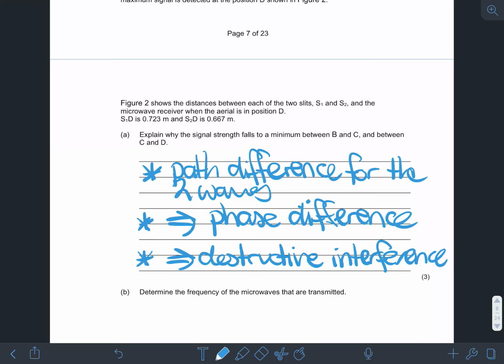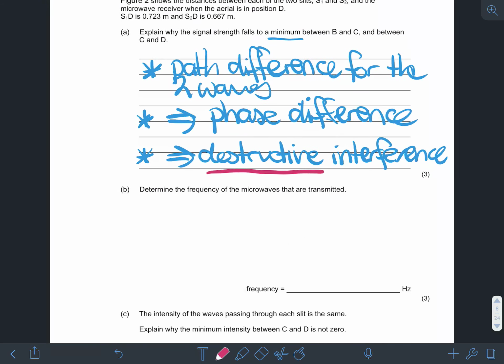That's all you have to say. That is enough. So remember, look what it's asking. It says explain why it falls to a minimum. And so they're talking about destructive interference. So that's all you have to say, those 3 points.